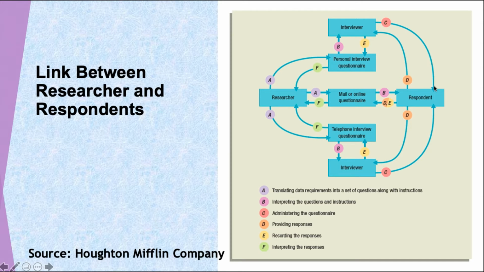The respondents provide responses and give them back to the interviewer. The interviewer, with the personal interview questionnaire, will record the responses. Then after recording, it goes back to the researcher, and the researcher will process the data.